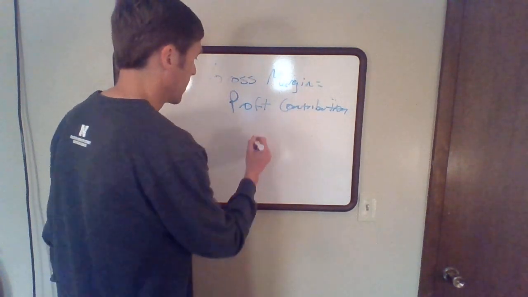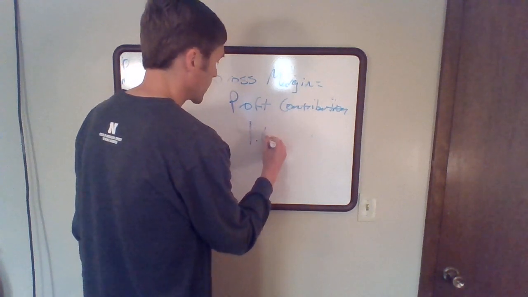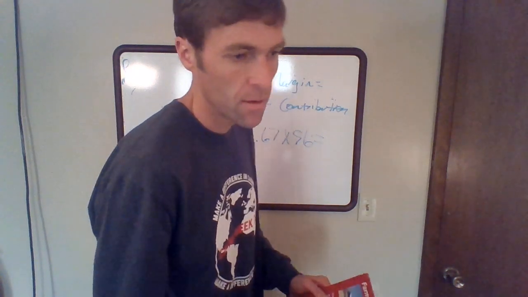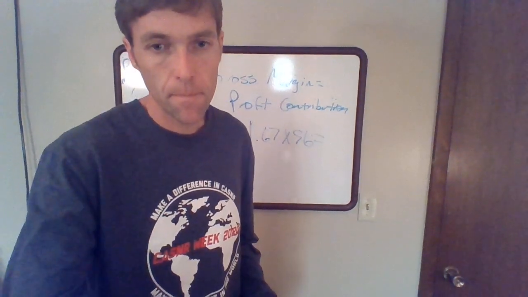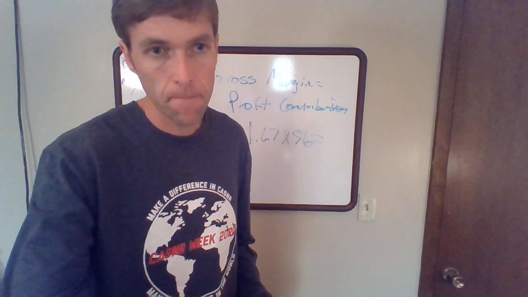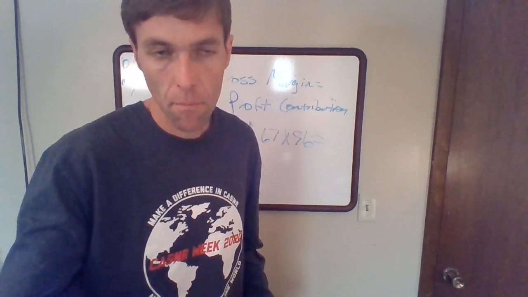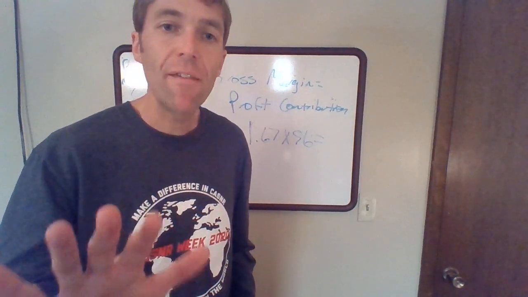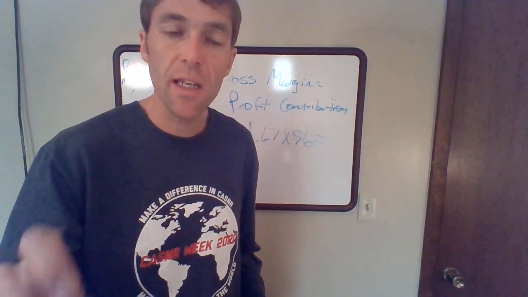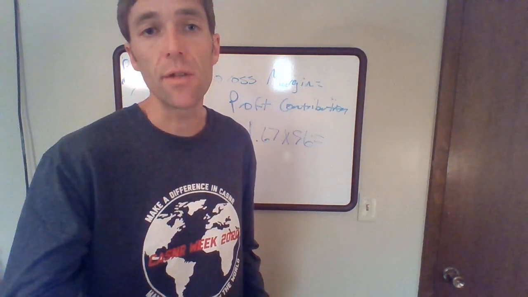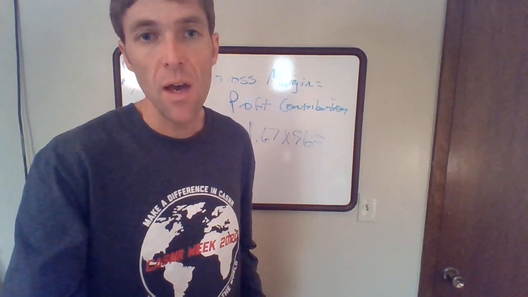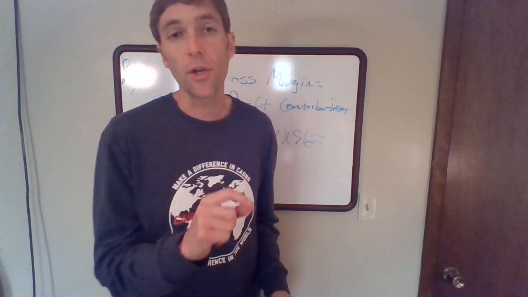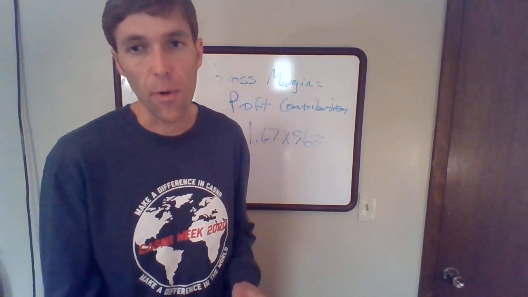And if I take 1.67 times $96, I will get $160.32. So 5 hours of labor returns $160 of profit in terms of soybeans, but only $120 of corn. So our limiting resources are going to be a big determinant of what maximizes overall profit.